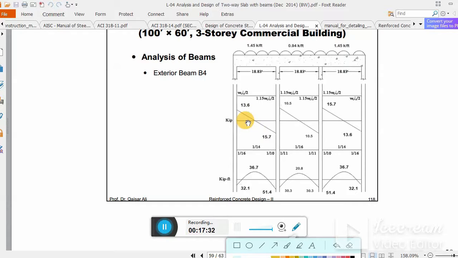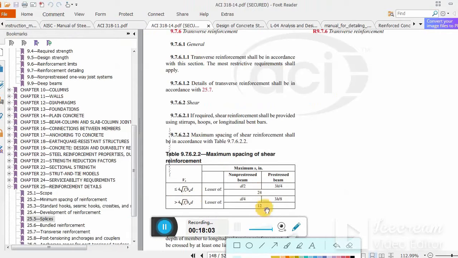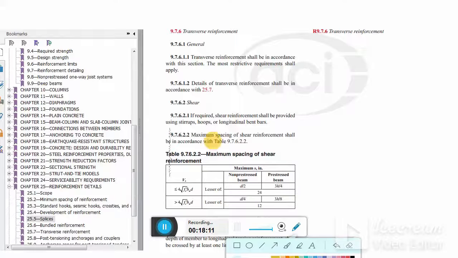Now if we determine the spacing for the internal or middle portion, and its spacing comes out to be less than the minimum spacing, or let's say we determine the spacing for this 13.6 kip shear, and the spacing comes out to be lesser than the minimum spacing, because for shear reinforcement we have certain limitations. The spacing should not be more than the maximum spacing, like the one I showed you in the ACI code. These are the limitations, 12 inches.